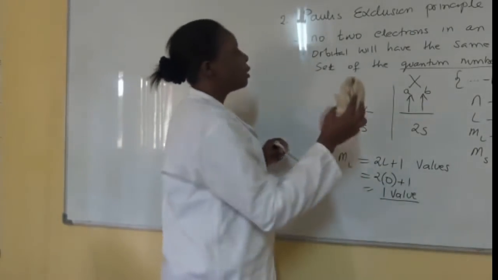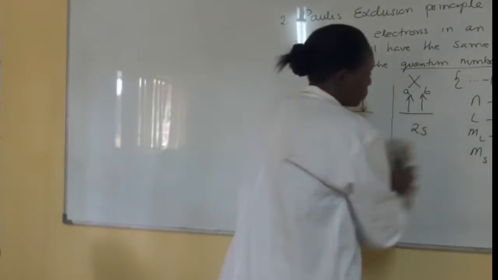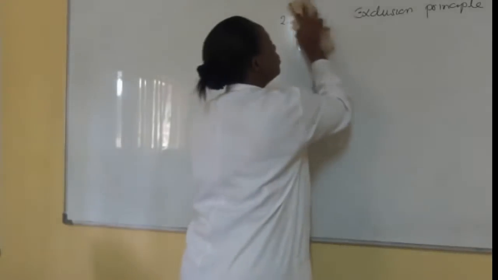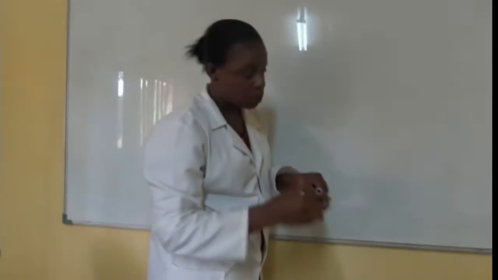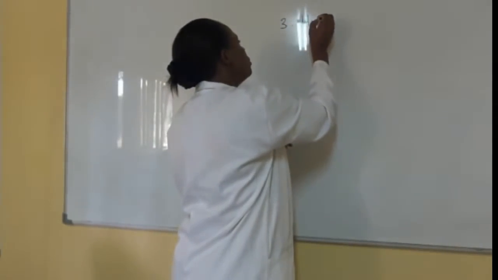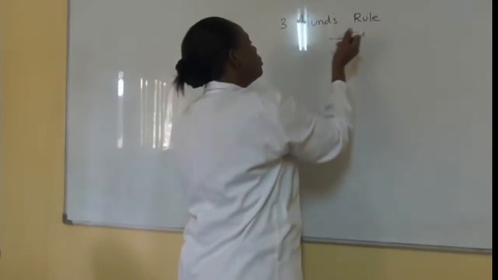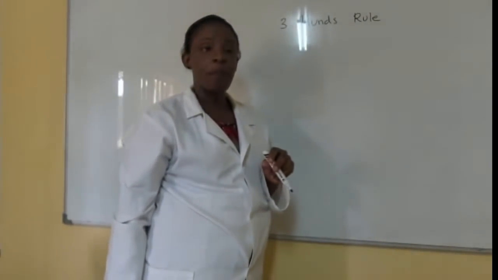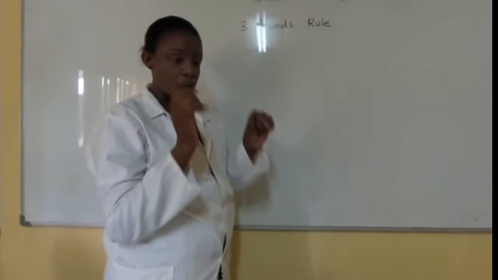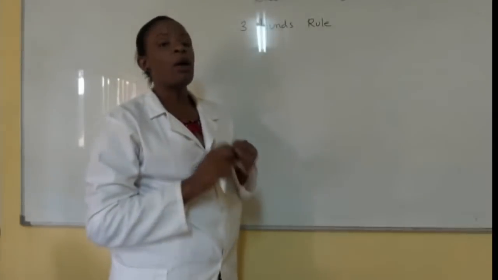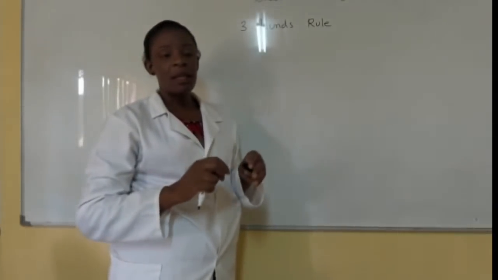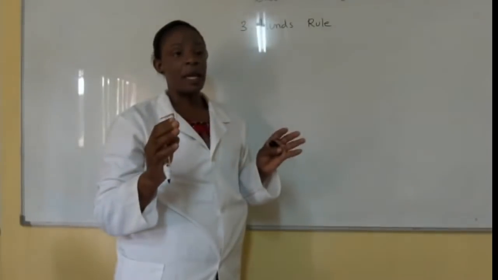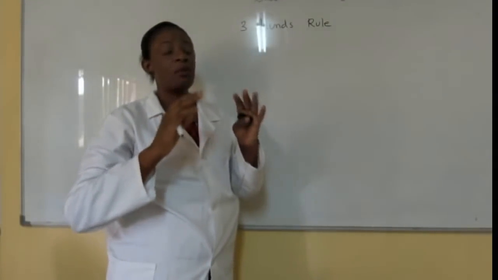The last rule is Hund's rule. When you remember on Hund's rule, we mentioned that according to Hund's rule, electrons occupy orbitals of the same energy in a way that makes the number of parallel spins maximum. So it favors same spin direction.